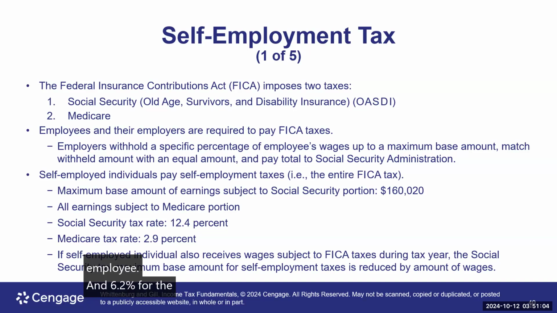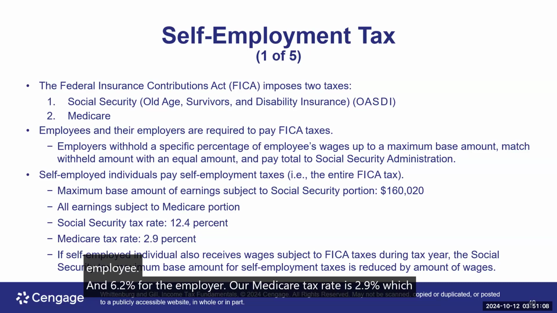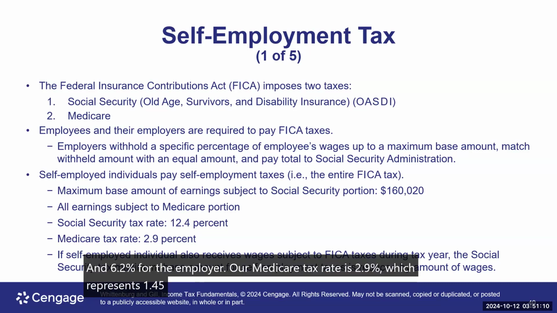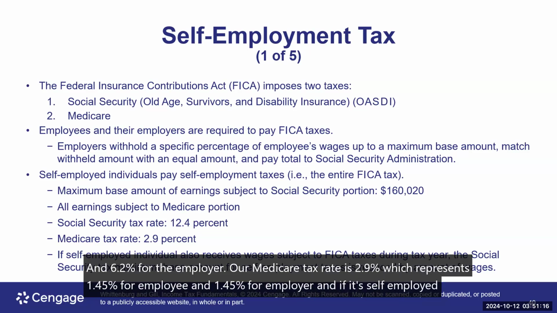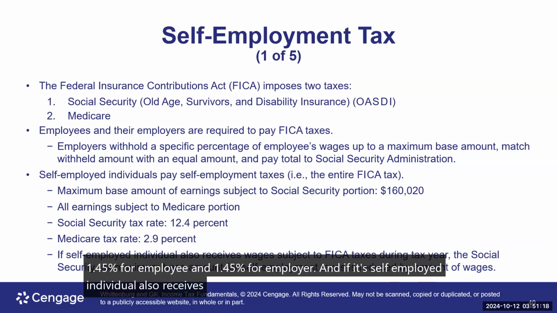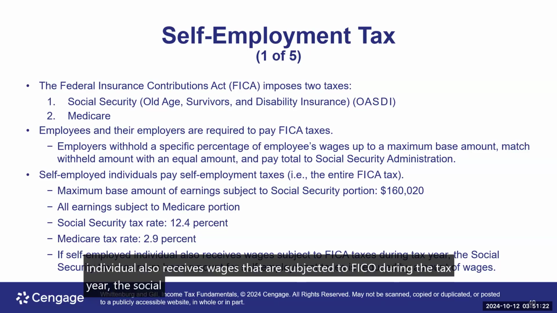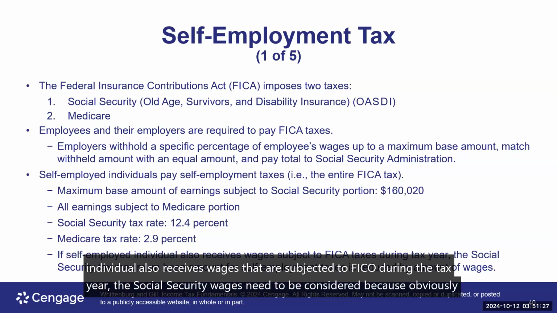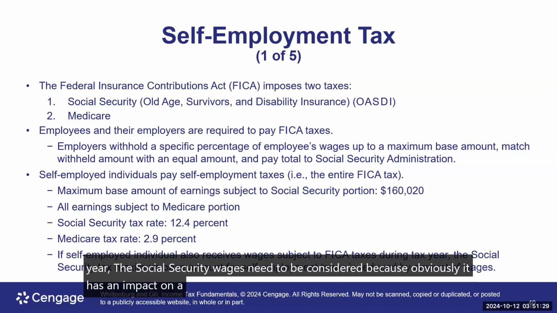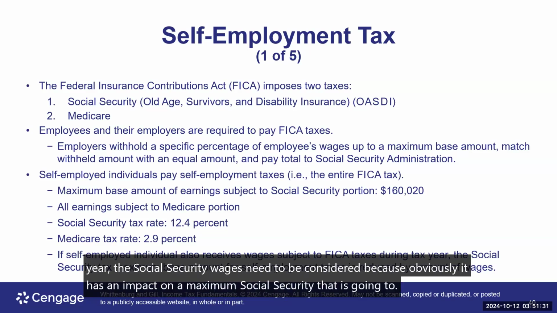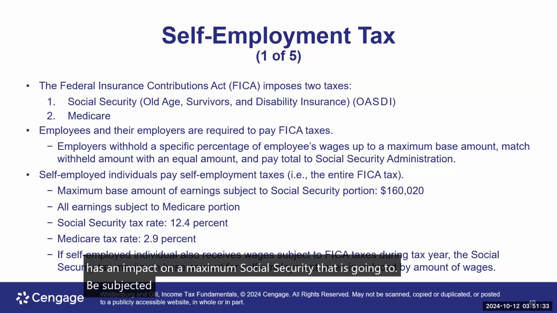Our Medicare tax rate is 2.9%, which represents 1.45% for the employee and 1.45% for the employer. And if a self-employed individual also receives wages that are subject to FICA during the tax year, the Social Security wages need to be considered because obviously it has an impact on the maximum Social Security that is going to be subjected to taxes.